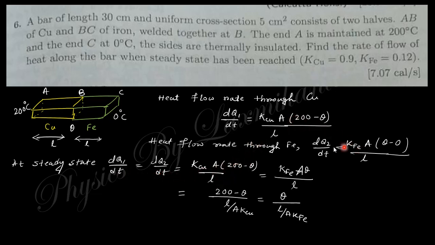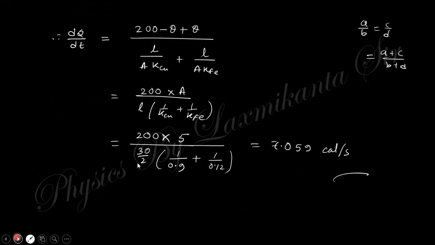Equating these two equations, and using the identity that if a by b equals c by d then a plus b by b plus d, you can easily find the value of dQ/dt.